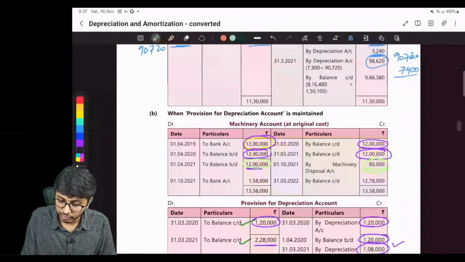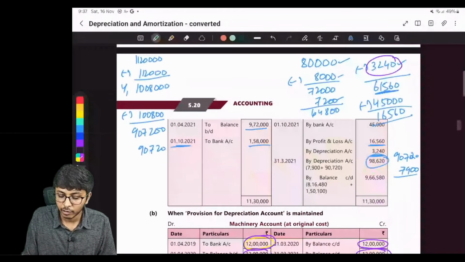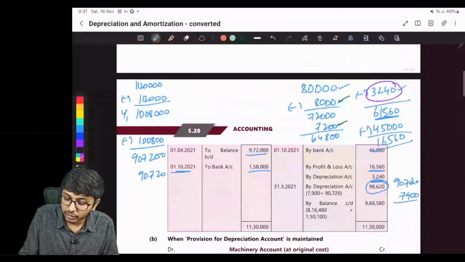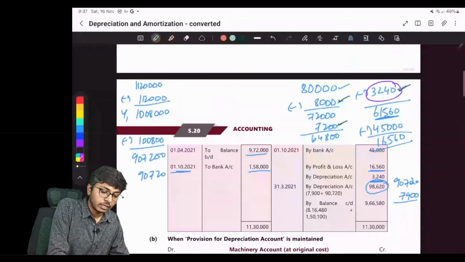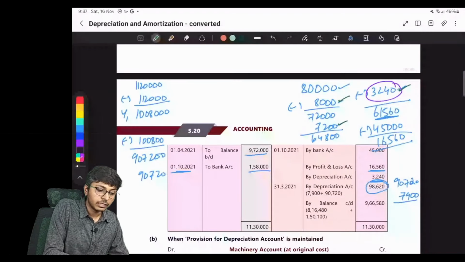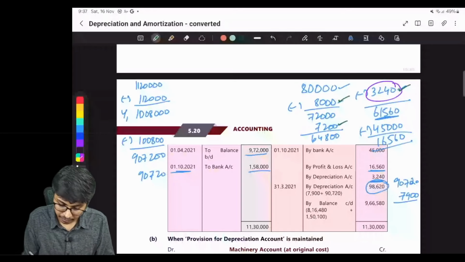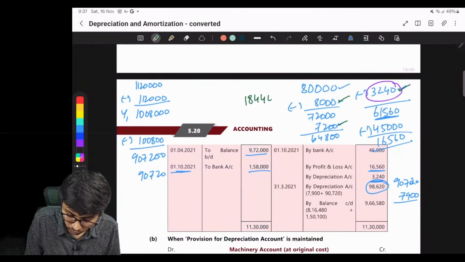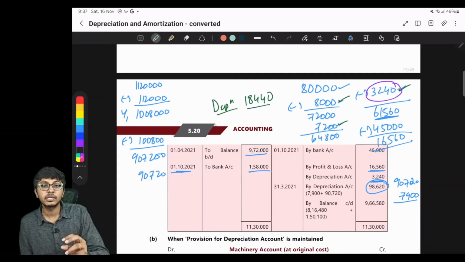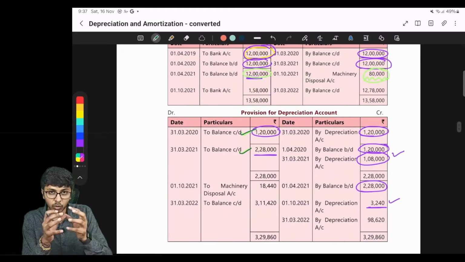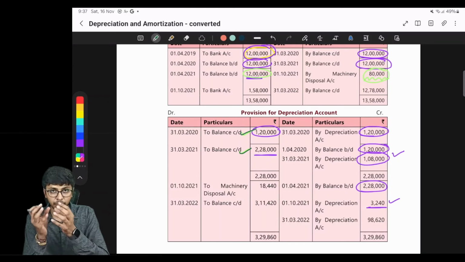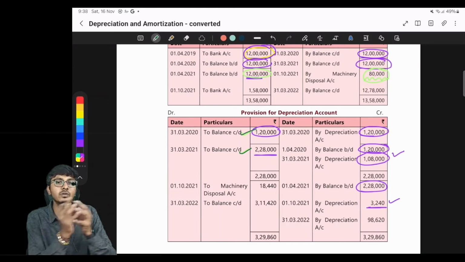First year we would have provided 8,000, second year 7,200, third year till the date of sale 3,240. Add this up: 8,000 plus 7,200 plus 3,240, you will get 18,440. So 18,440 is the depreciation amount of that particular asset which you are selling. So you remove the provision for depreciation balance of 18,440 and send it to disposal account.